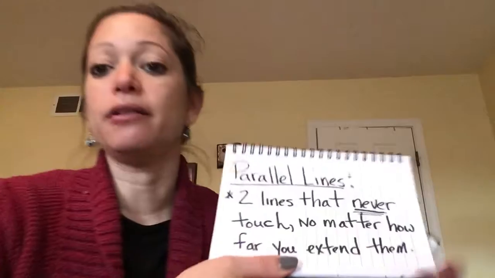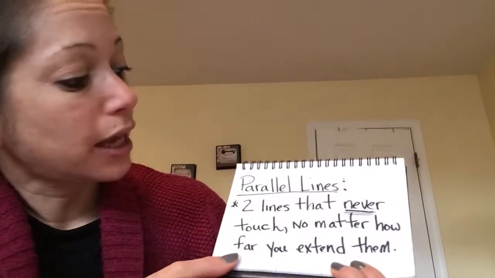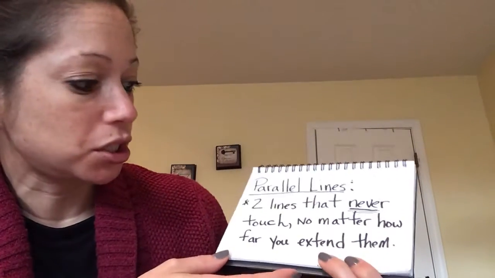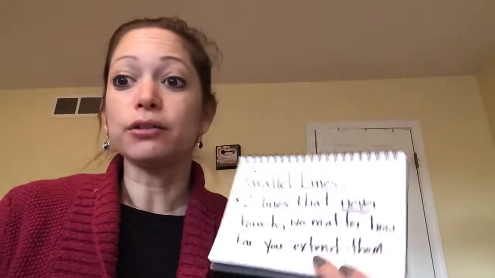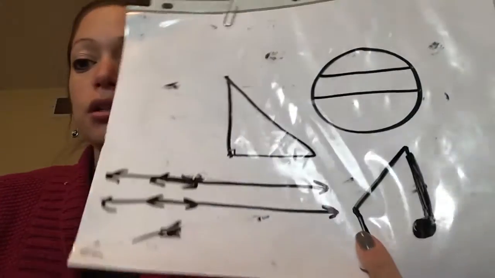So let's remember that parallel lines are 2 lines that never ever touch each other, no matter how much or how far you extend them. So for last example, if I have 2 little lines here, I could extend those lines because we know lines go on forever and ever. And look here, are they ever going to touch each other? No. Okay, so please keep that in mind while you're doing your work.